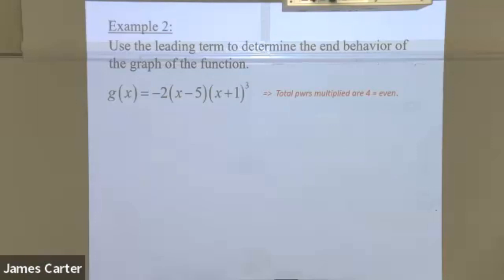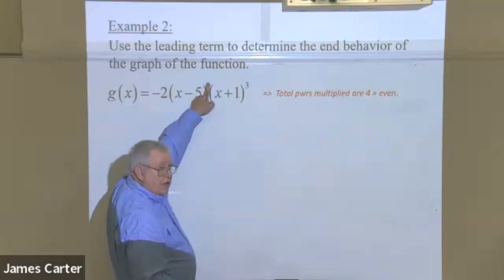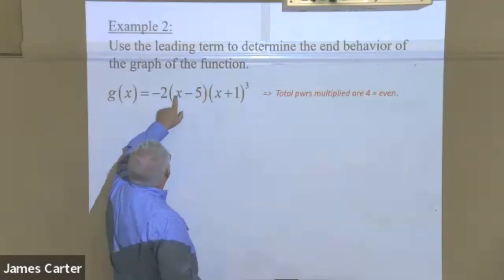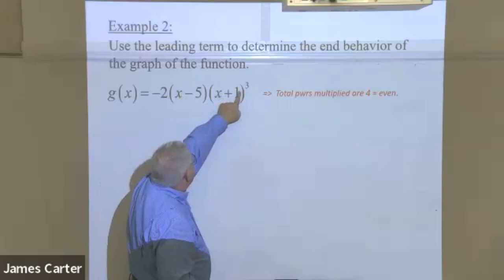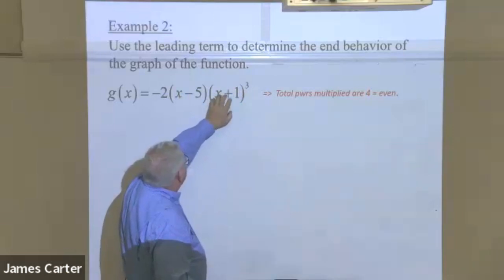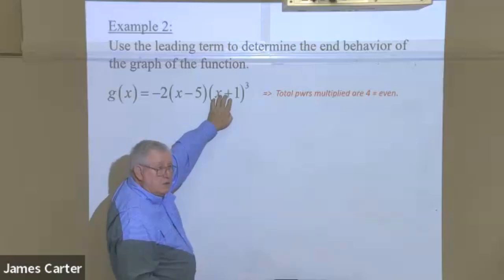What about this one? Well, we got to figure out what the total degree of this thing is. In this one, the total degree, there's a hidden 1 power right here, right? So that means that this is going to be an x to the first. This is a 3, so this means x plus 1 times x plus 1 times x plus 1, which would give us an x cubed.